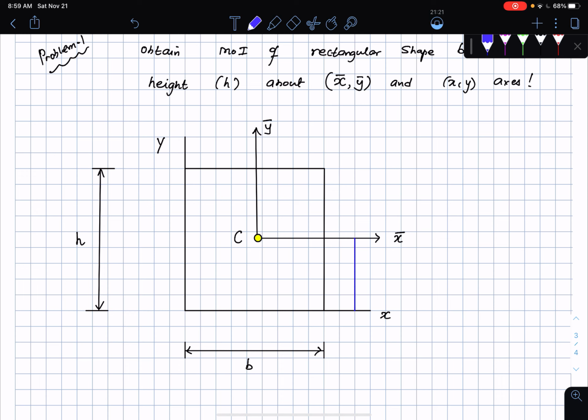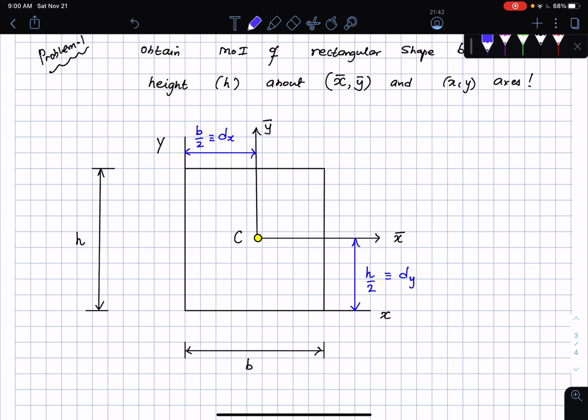This is fairly straightforward to see. This is going to be a distance of h by 2, which is equivalent to your distance dy, and this distance here is going to be b by 2, which is the same as the distance dx that we had marked in our earlier figure.